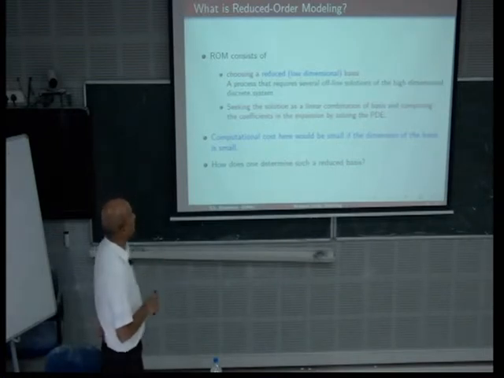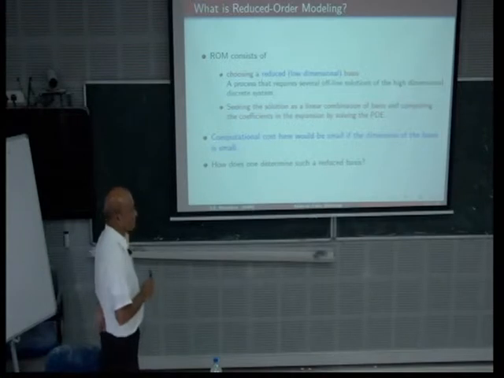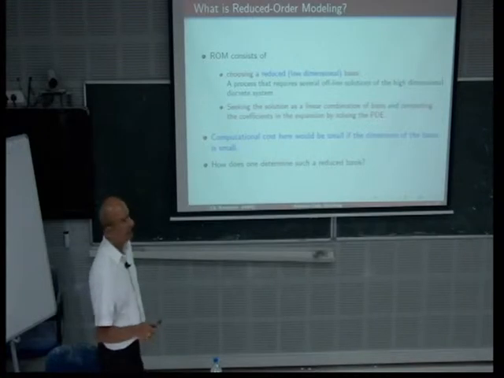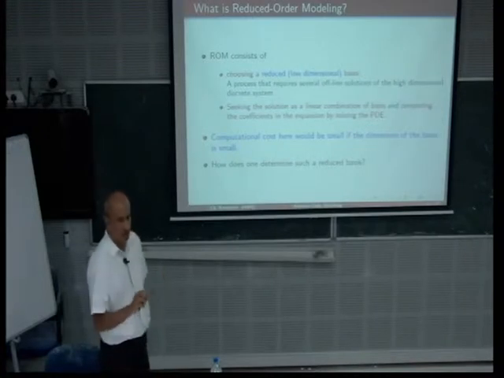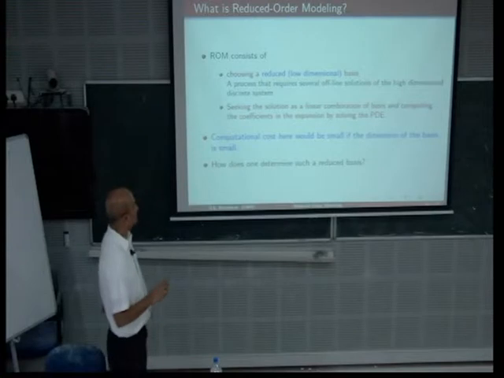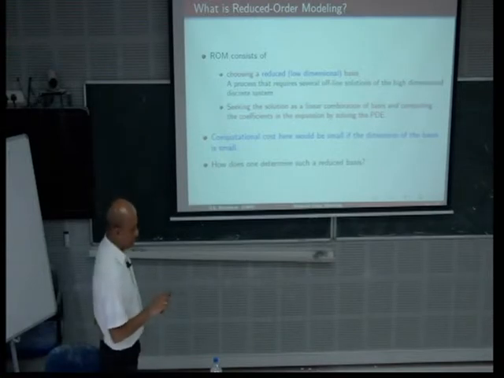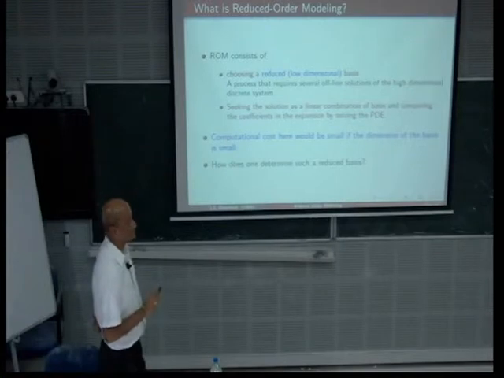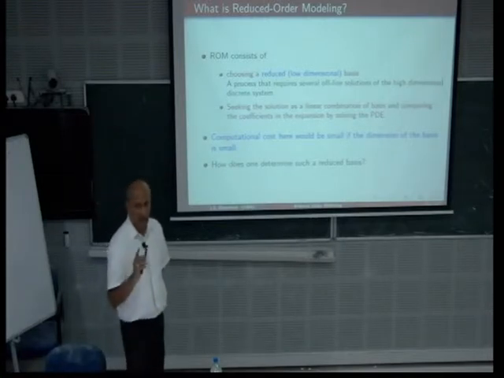So what is reduced order modeling? I haven't defined this yet. I'm going to go in several stages. This consists of first choosing a reduced order basis to span your solution space, or to approximate the solution space. That is a critical step in this construction, and this process requires several offline simulations of the high dimensional discrete system, a once, upfront thing.